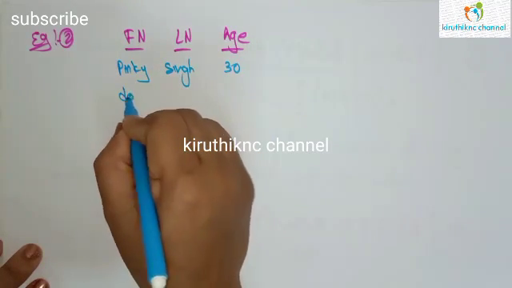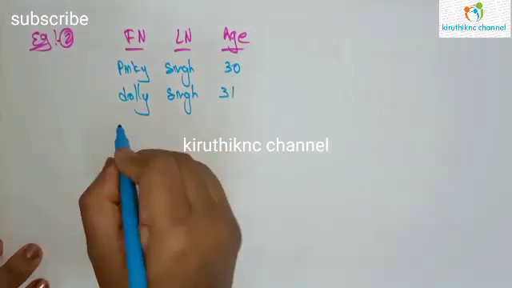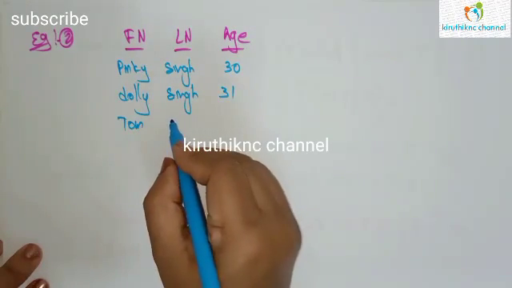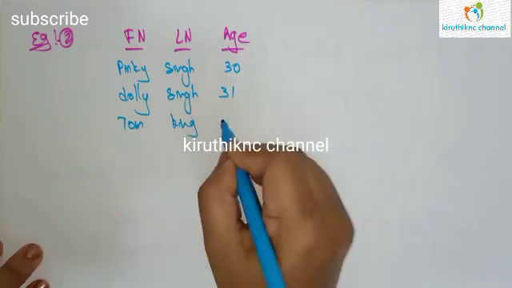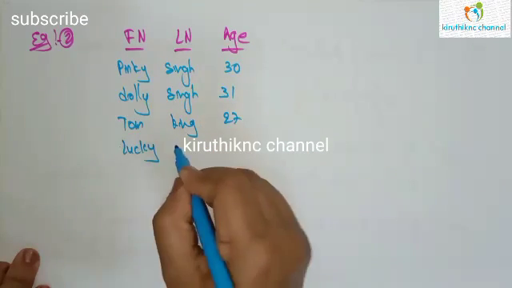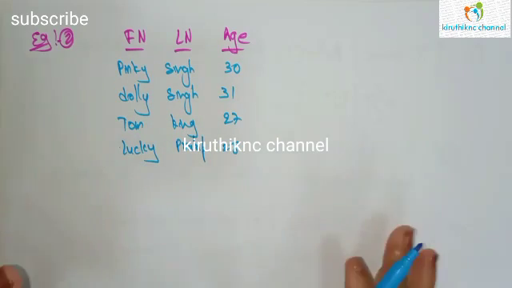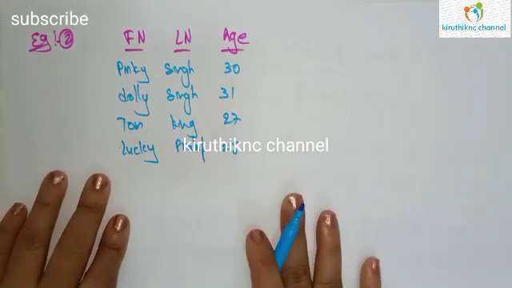Next Dolly, last name Singh, 31. Tom, last name King, 27. And Lucky, last name Pratap, age 28. So this is the table I had taken.